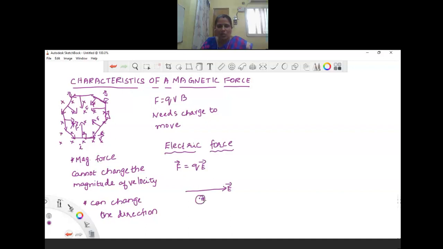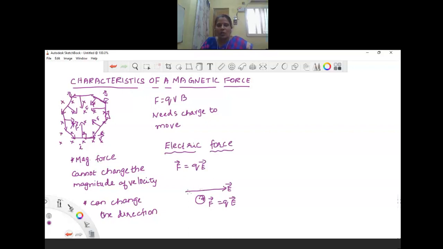This charge will experience a force along the direction of the electric field, and because of this electric force the charge will be accelerated, and an accelerated charge will increase or decrease its velocity.